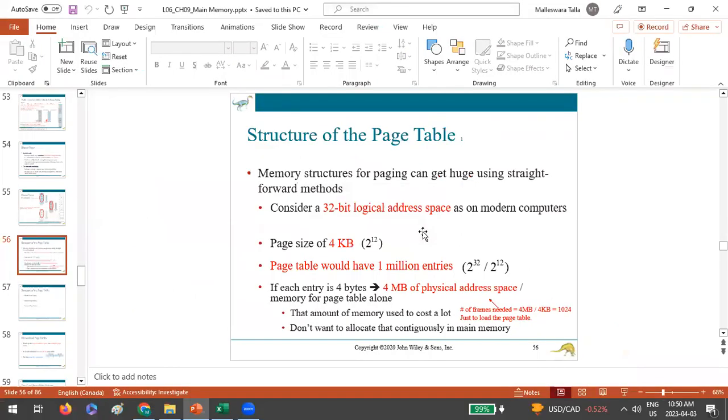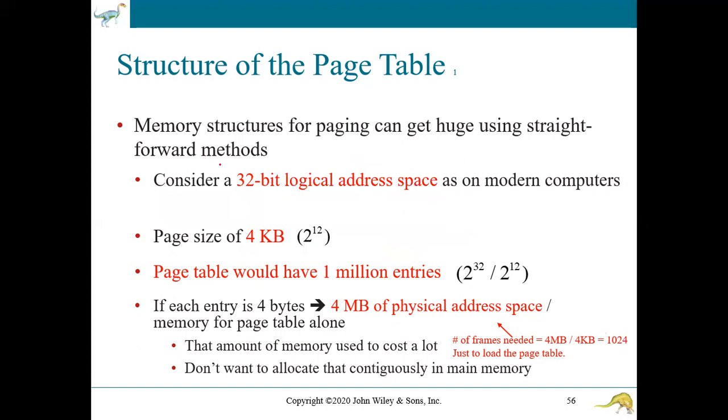Yeah. And if it is a 32-bit logical address space, so M is this one, and the N is this one, the 12 bits. M minus N is 22 bits, right?